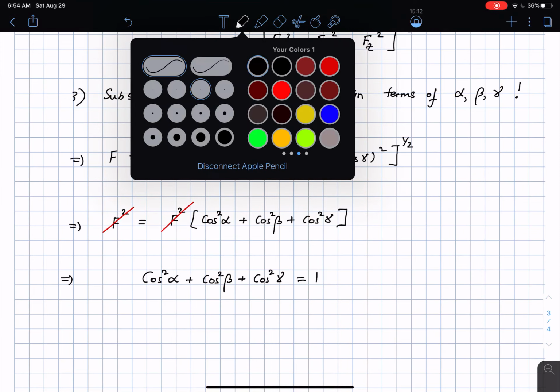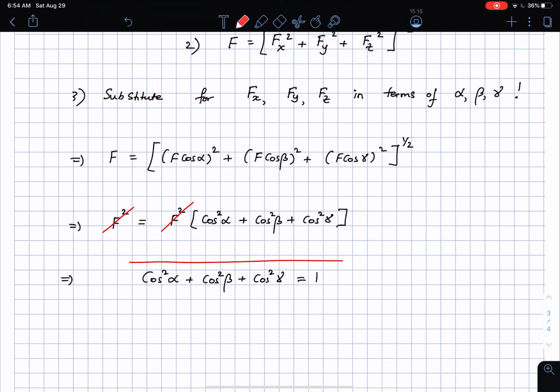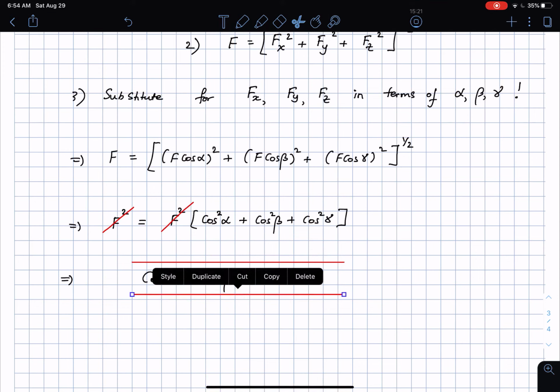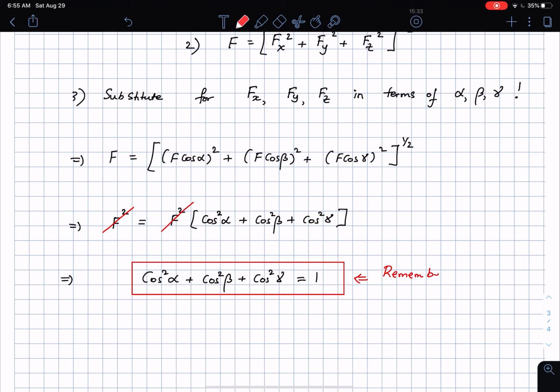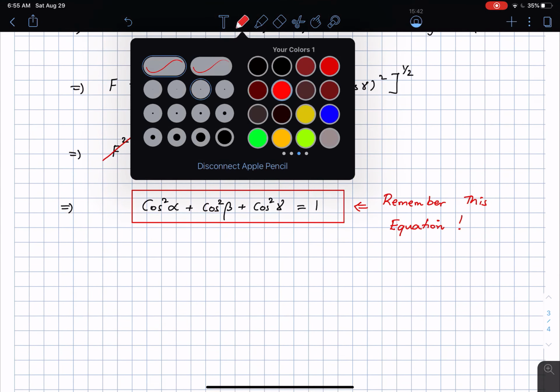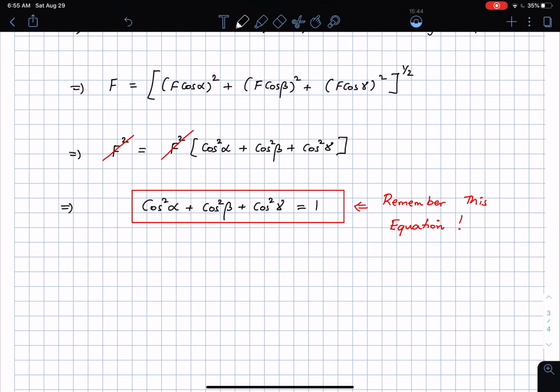I'm going to put a box around this very nice relationship, okay? Because this is something that you're going to be making use of when you're solving problems. And I would suggest that you remember this particular equation, okay? So remember this equation. And what is a nice thing about this equation is that if I know two of the coordinate direction angles, I can find the third one.